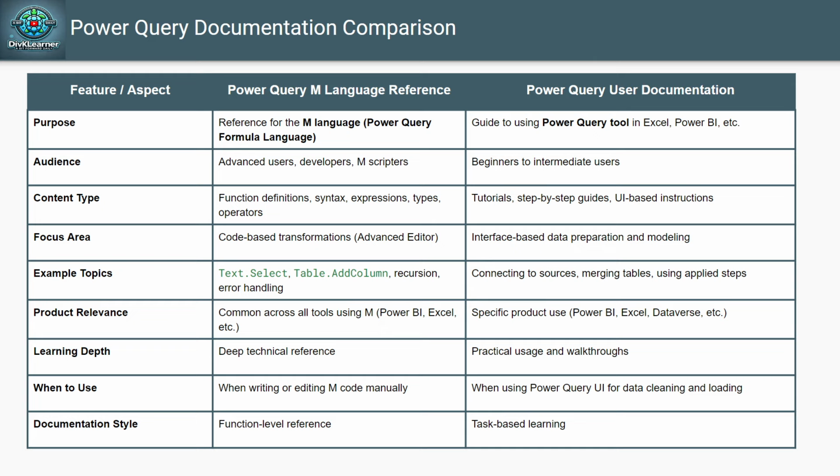So when you're talking about the Power Query M language, that is the advanced version of the Power Query user documentation. Whenever Microsoft creates any product, you will find that they give you out-of-box features. That is what Microsoft has covered under the Power Query user documentation.